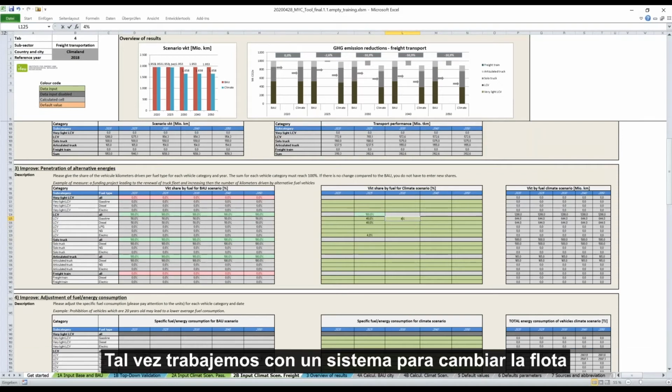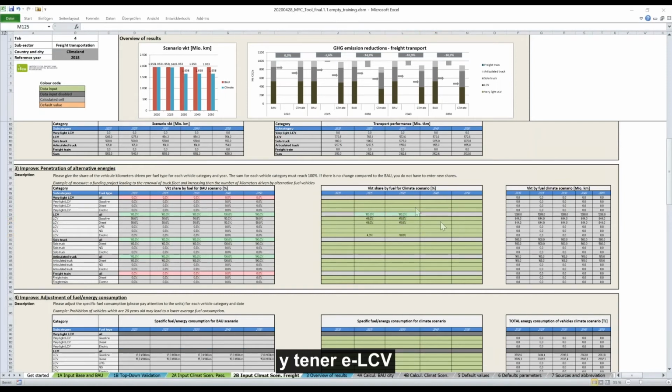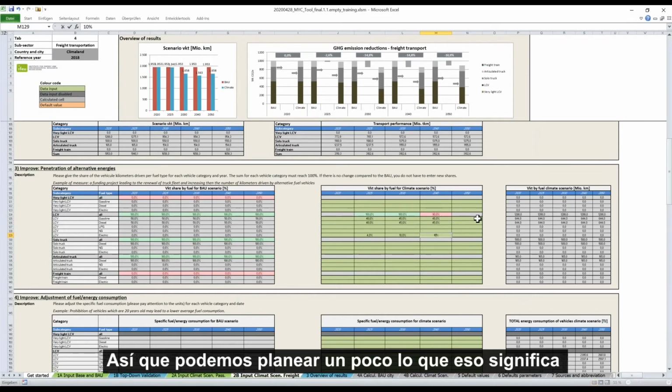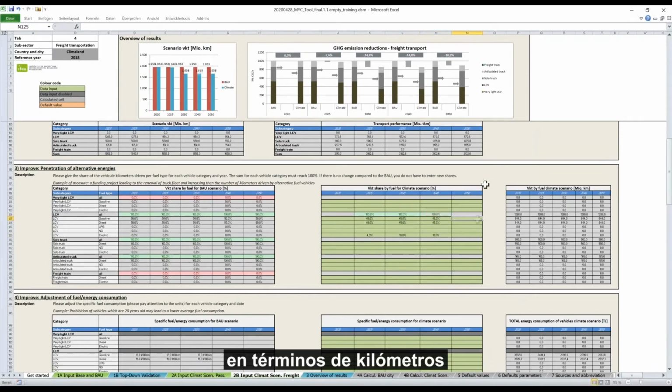Maybe we work with the postal system, so that when they change their fleet they have LCVs, for example, so that we can plan a bit what it means in terms of kilometers.